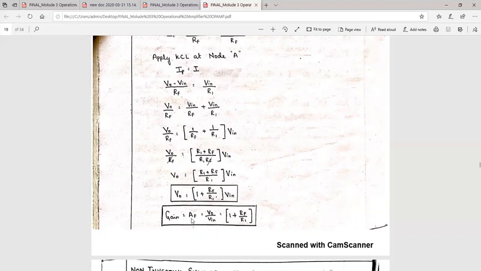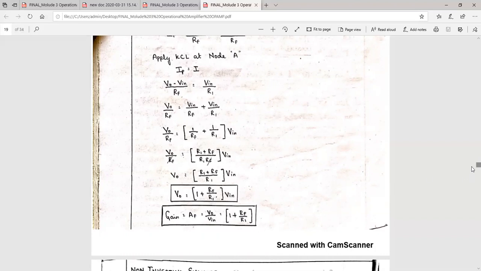We can see here gain is equal to output by input, which is equal to 1 plus RF by R1. And you can see here we don't have any negative sign. So this clearly indicates that the input was given to the non-inverting terminal.